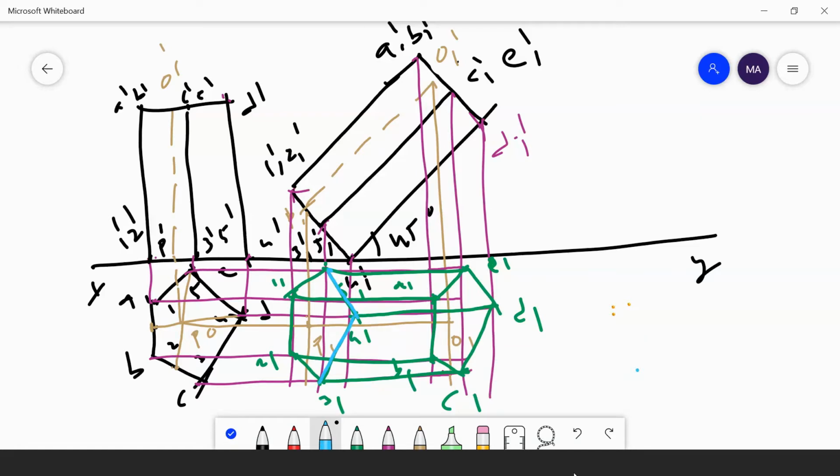Is it visible now? These are your hidden lines. These are your visible lines. Dark lines are your visible lines. Understand? This way you need to draw.